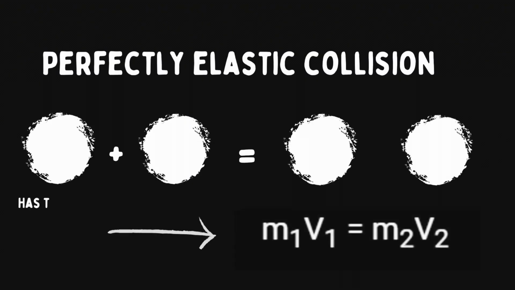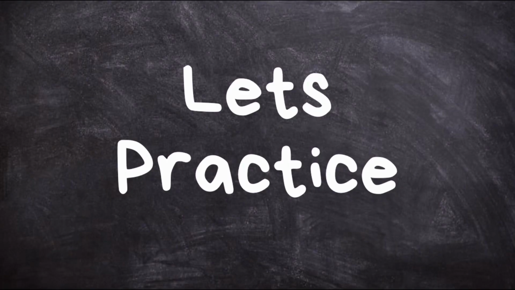On the other hand, perfectly elastic collision is basically the opposite of perfectly inelastic collision, where instead of separate objects becoming one mass, they just stay as separate masses. Now, let's put what we learned into practice.